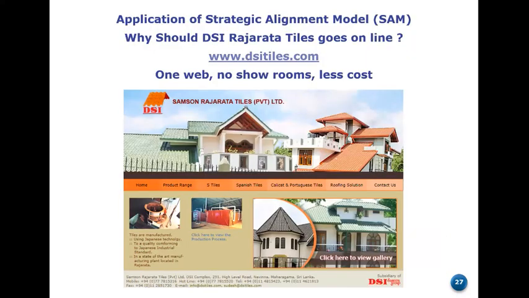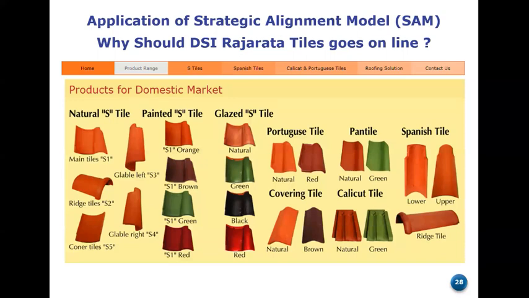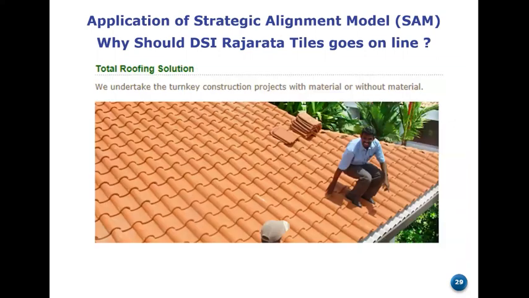Now let's take, for example, the DSI roof tiles issue. They had these nice, beautiful roof tiles, produced in different colors, fungus free. They also had a total roofing solution team to make roofs.